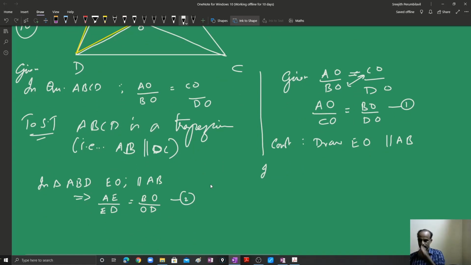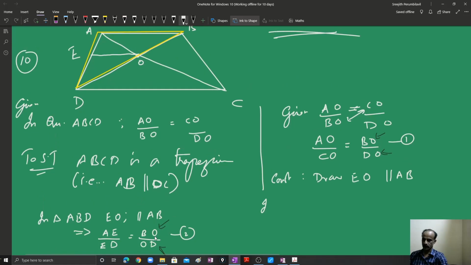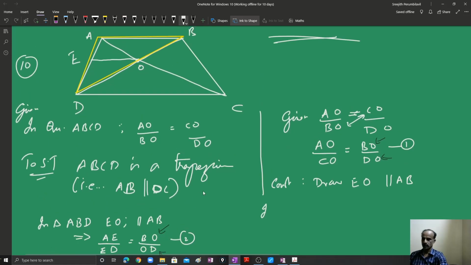What is 1? BO by DO, or BO by OD, both are same, is equal to, from 1, AO by CO. So what?